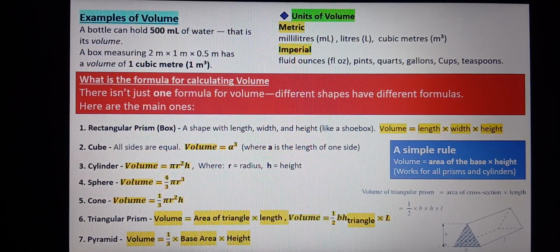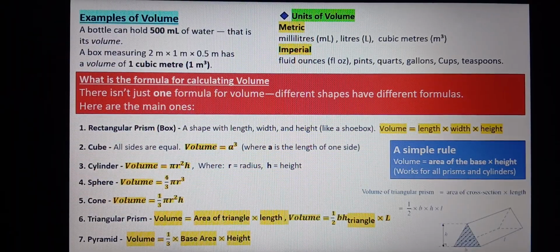So what is the formula for calculating volume? Well, as I said, there isn't just one formula for volume. Different shapes have different formulas. So here are the main ones. We have a rectangular prism or a box, a cube, a cylinder, a sphere, a cone, triangular prism, and a pyramid. And in each one of these, in yellow, I've highlighted the formula for each one of those shapes.